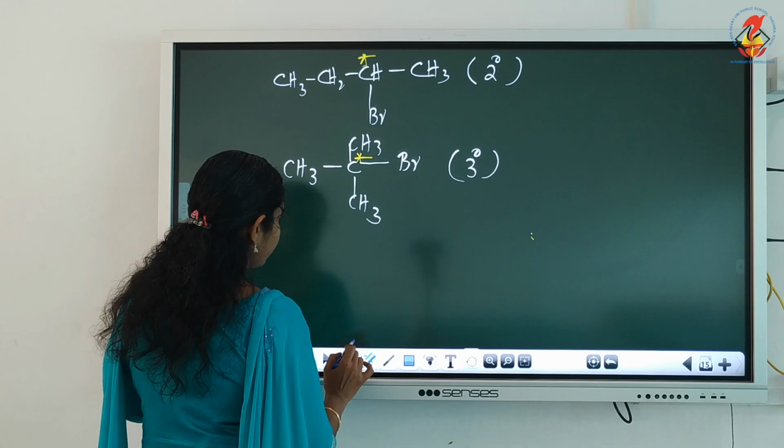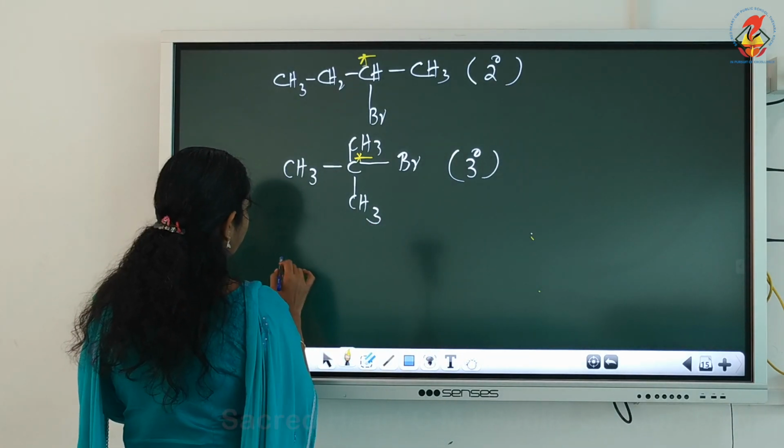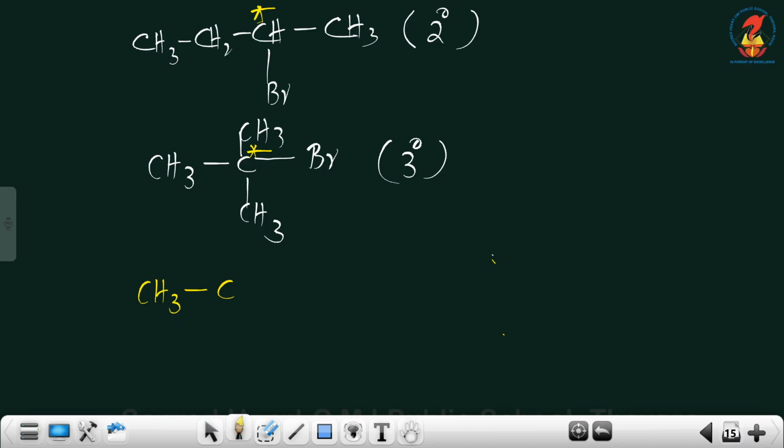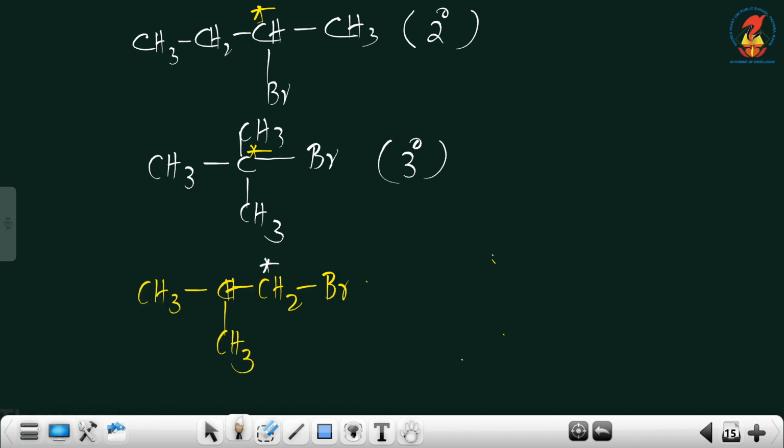Now the next one is CH3, and this is isobutyl bromide, and here it is a primary halide.